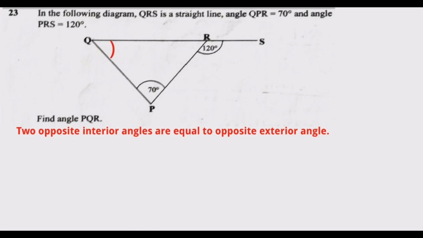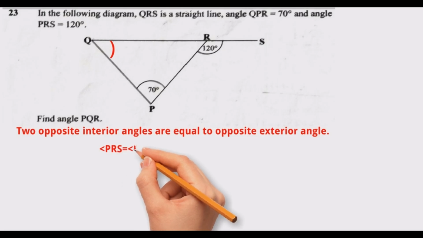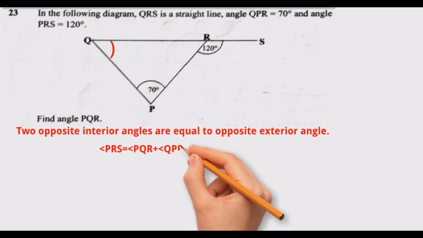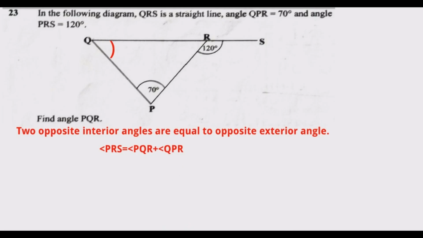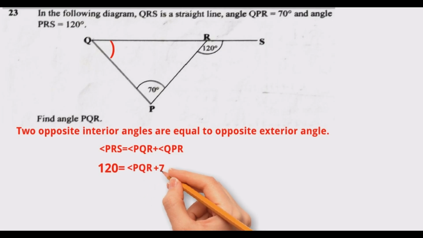So we know that angle PRS is equal to angle PQR plus angle QPR. When you look at these two angles I have written on the right side, they are opposite to angle PRS, which is 120 degrees. So therefore we can say 120 degrees is equal to angle PQR plus 70 degrees.